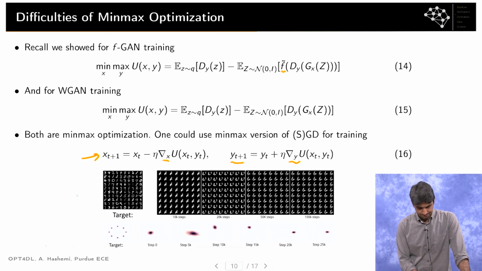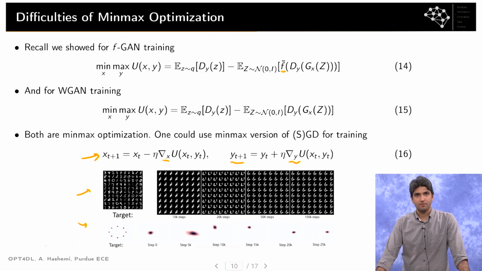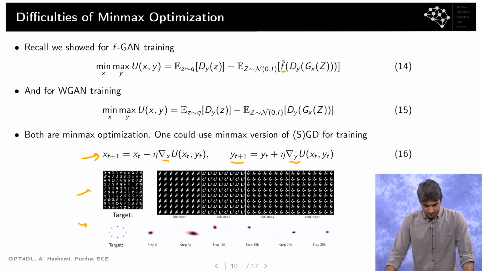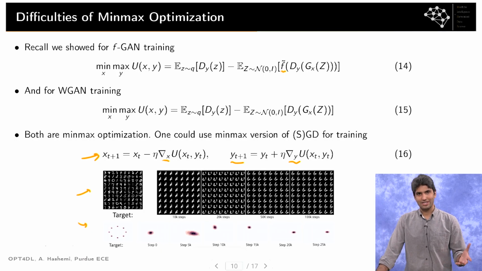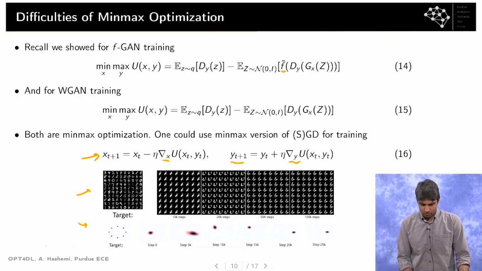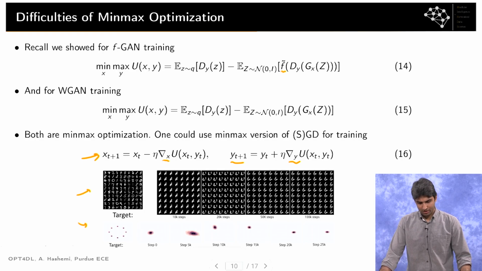So here I'm showing two sets of such results from the literature, where, for instance, in the first case, the target is to generate digits. Okay, and as you can see, when you train the generator, the images that are generated are not meaningful. They don't represent the target well.